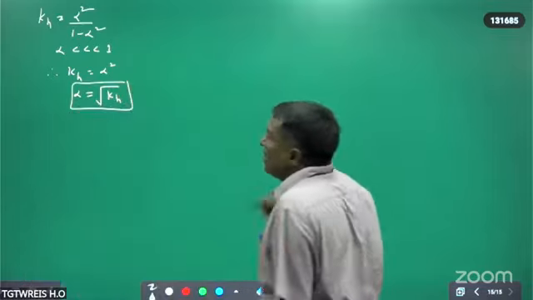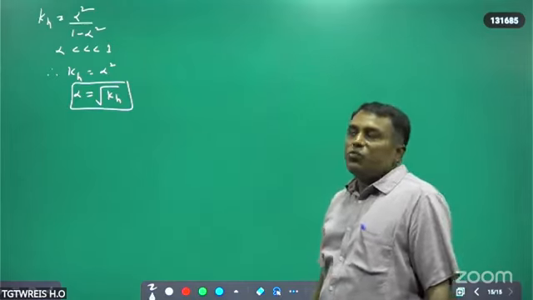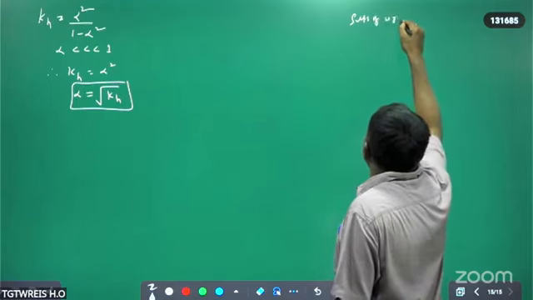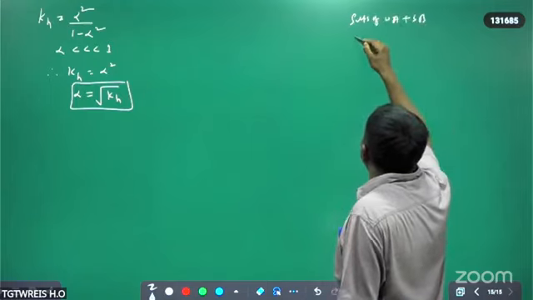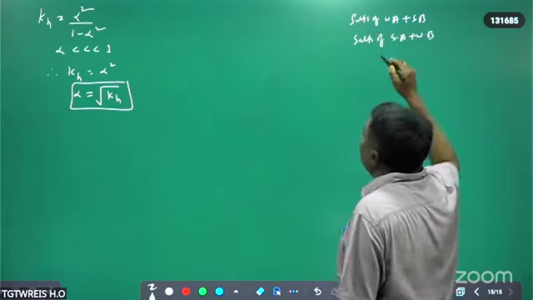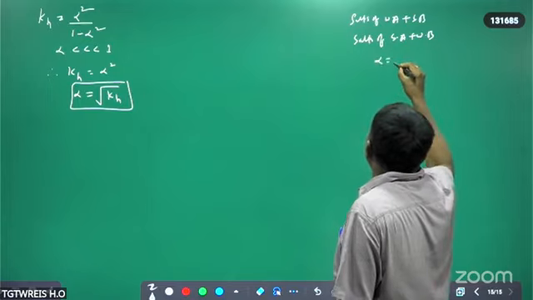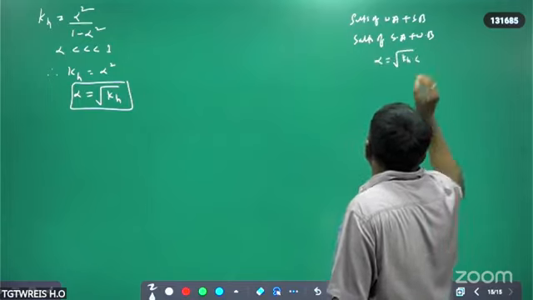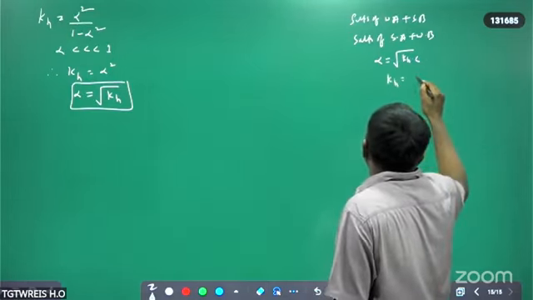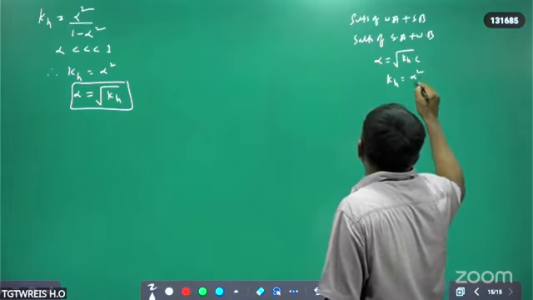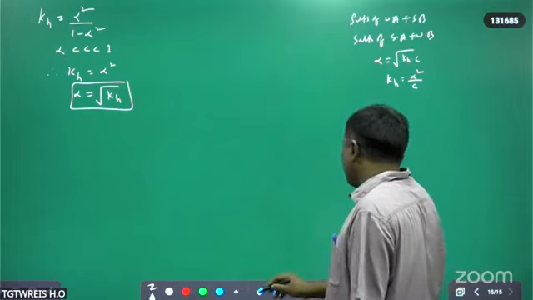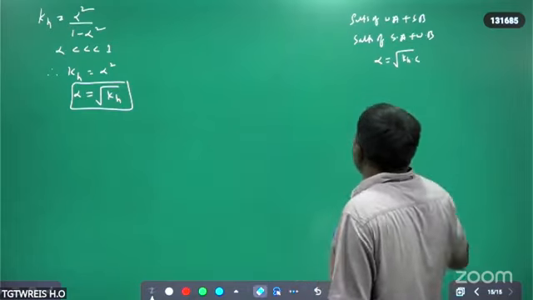But in the case of salts of weak acid and strong base, and salts of strong acid and weak base, alpha is equal to under root KH by C, or KH is equal to alpha square C, alpha equal to root KH by C.